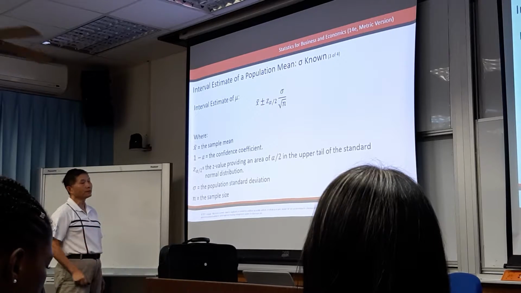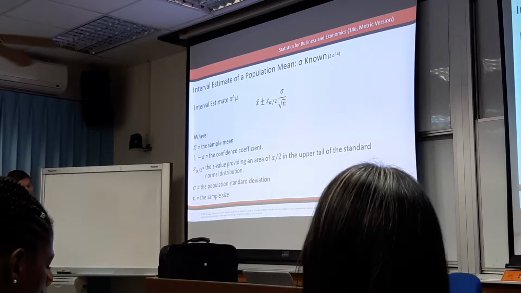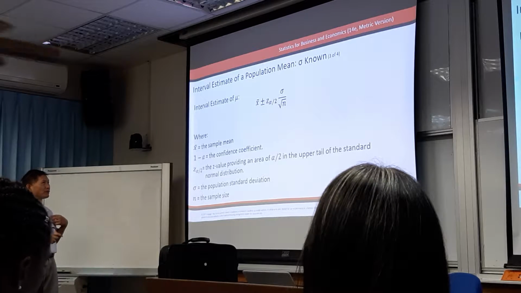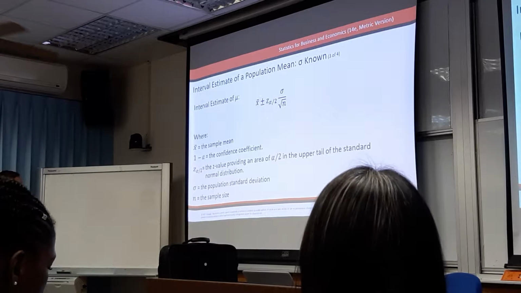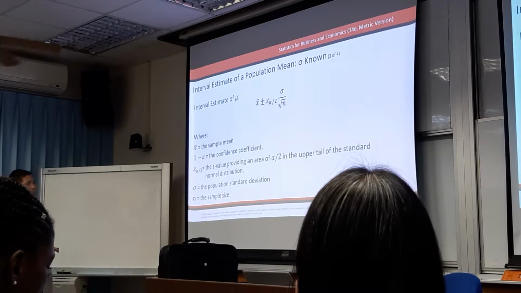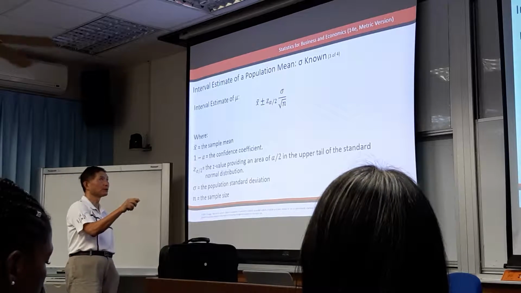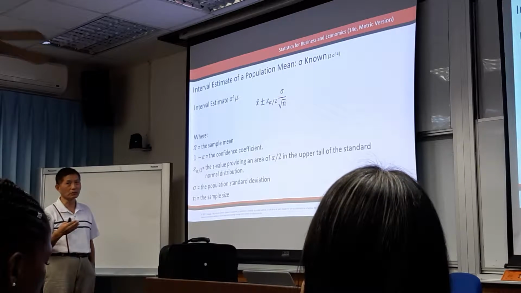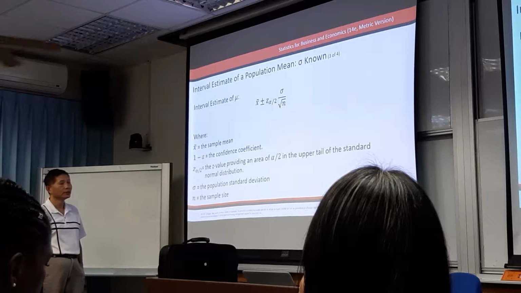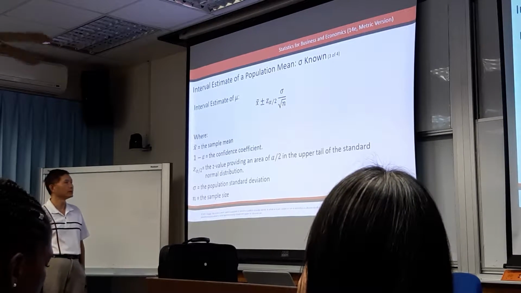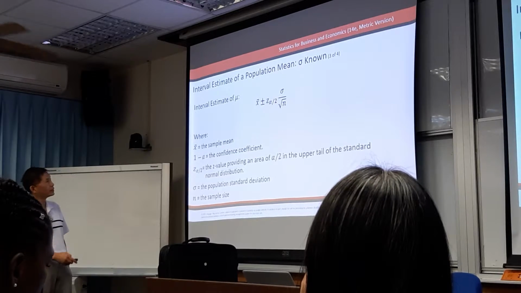So this is the formula for the population mean. We can get the interval estimate or confidence interval for the population mean. It equals the sample average plus or minus z, which is how many standard deviations, from the standardized normal distribution, times what we call the standard error.